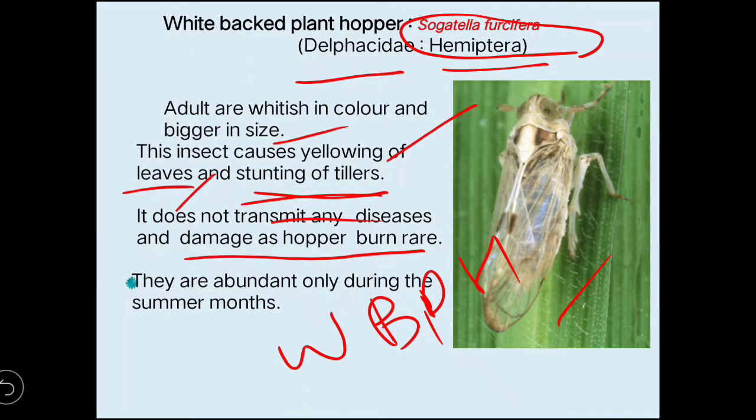They will not transmit any disease and their damage will not usually cause hopper burn. Somewhere it may happen, but not that much, very rarely. And what is hopper burn? That we'll discuss in the next slide. They are abundant only during the summer months, so in summer you will find the incidence of WBPH is more.